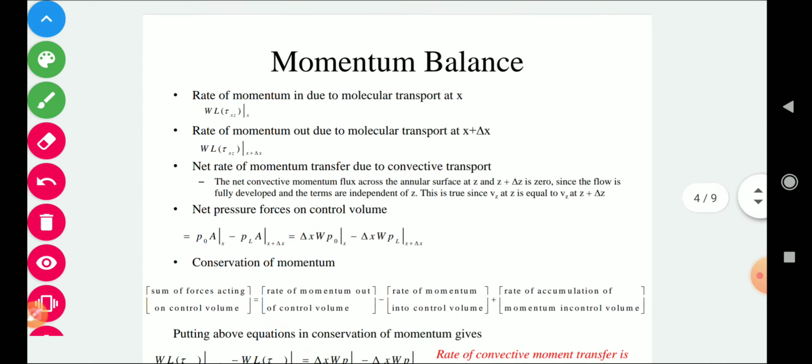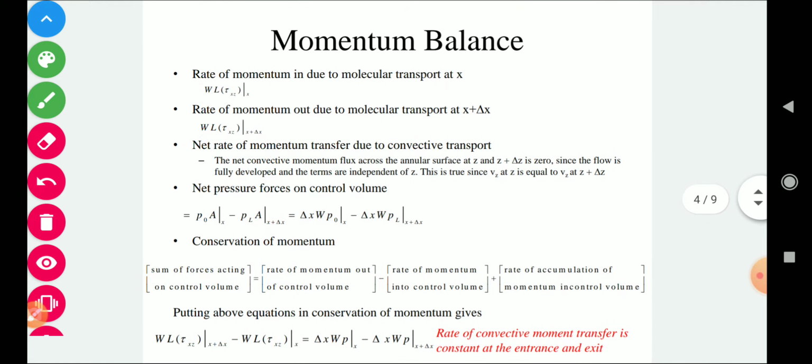So now if we apply momentum balance, there are two types of momentum occurring on this control volume. One is momentum due to molecular transport, another one is momentum transfer due to convective transport.